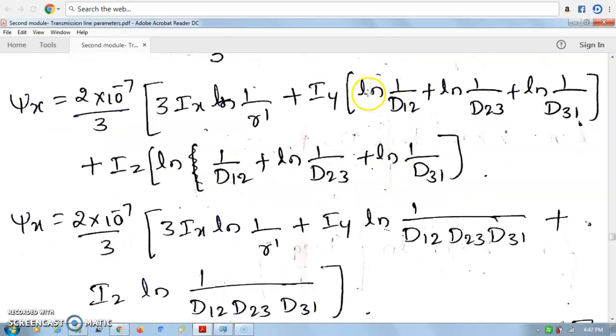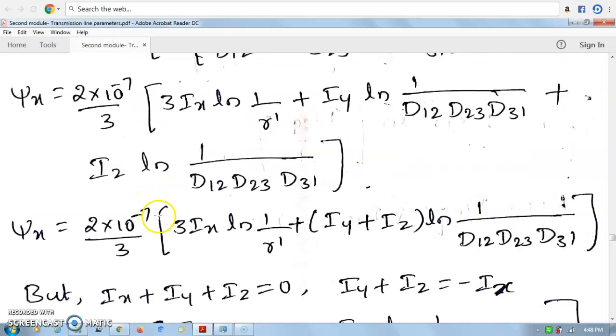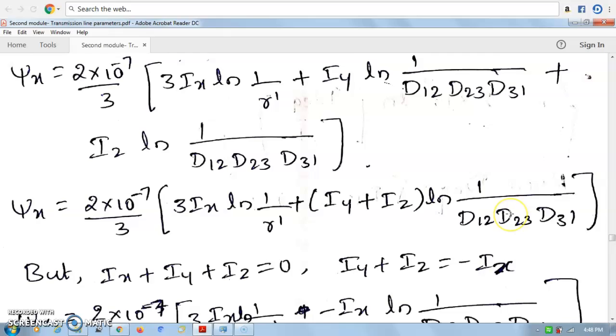See here, ln of this term plus ln of this, all these three are adding, right? So take ln common here. It is ln of 1 by d12 into 1 by d23 into 1 by d31. Here also, are these ln terms the same on both sides? Okay, take the ln term common, and Iy plus Iz. Separate it. Iy plus Iz is common.